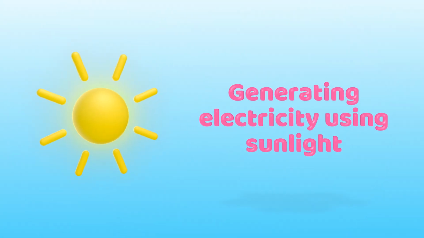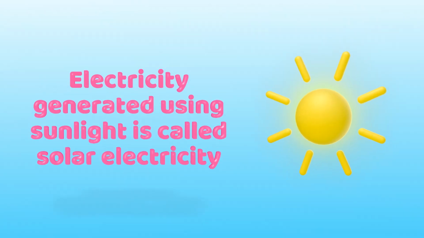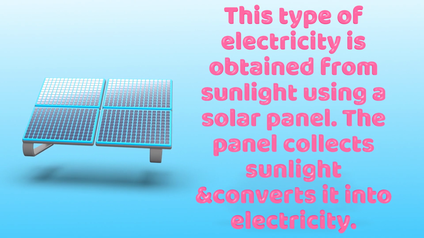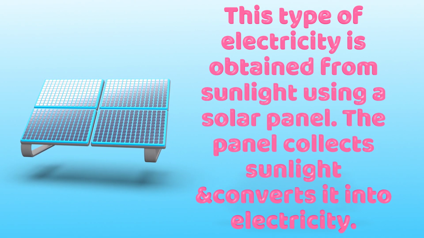Secondly, let's see how we can generate electricity using sunlight. The electricity which is generated from sunlight energy is called solar electricity. This type of electricity is obtained from sunlight using a solar panel.